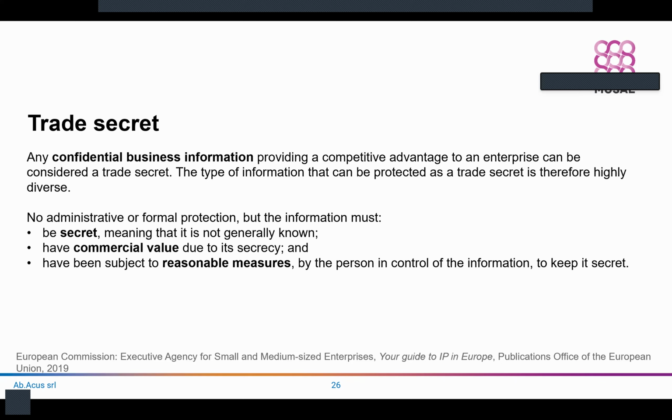Okay, so you have to keep all your information secret. So not generally known. This information needs to have a commercial value, and you are applying reasonable measures to keep it secret.